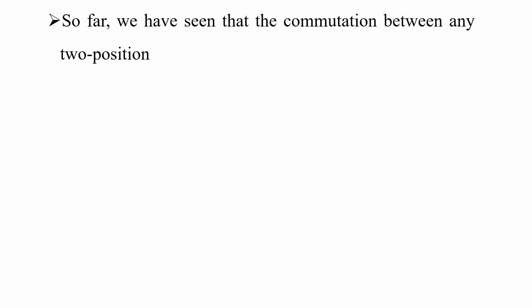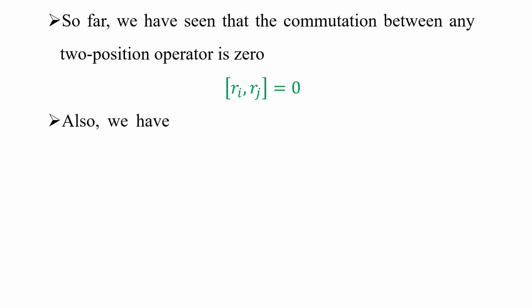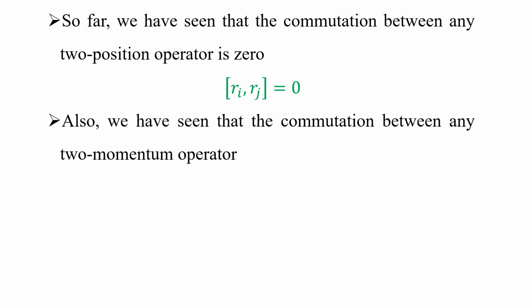So far, we have seen that the commutation between any two position operators is 0. That is, the commutator of Ri with Rj is equal to 0. Also, we have seen that the commutation between any two momentum operators is 0.